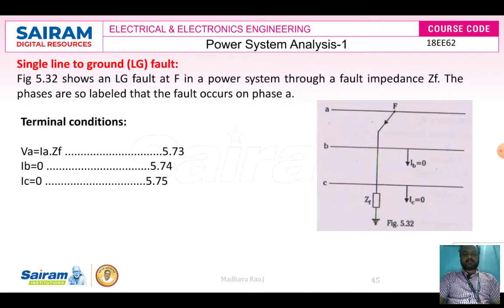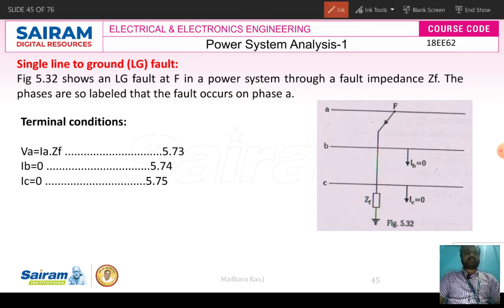First, LG fault. So LG fault means single line to ground fault. So in this figure you can see LG fault in a power system through a fault impedance ZF. So the fault impedance is connected here. So LG fault happens through a fault impedance ZF.